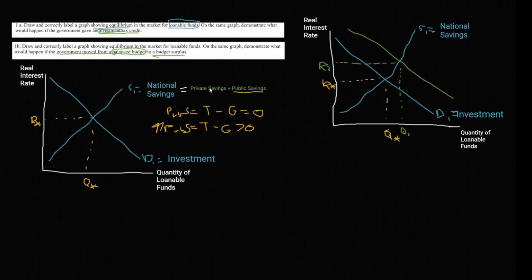It doesn't say anything about private savings. It just says it went from a balanced budget, equal to zero, to a budget surplus. The government has spent less money than it would need to break even. So that means we shift the supply curve right. I'll do this in green. So this is S2.